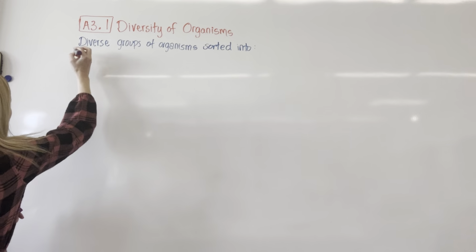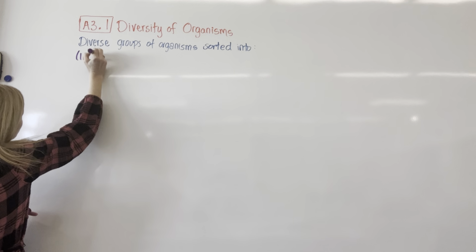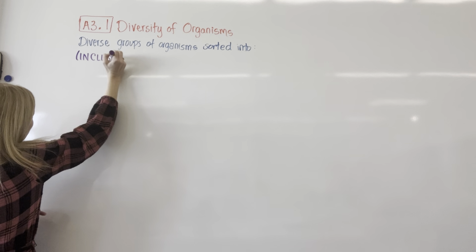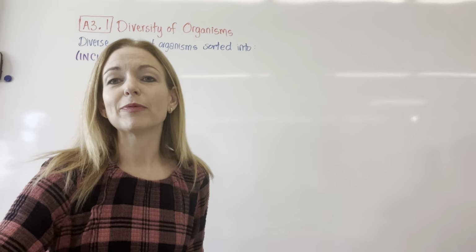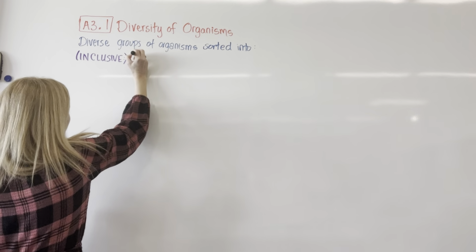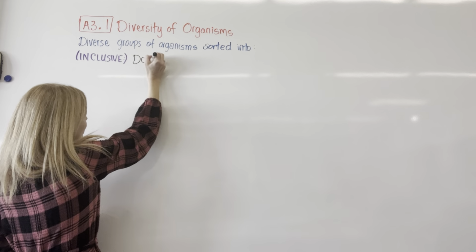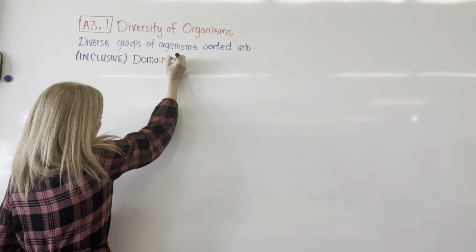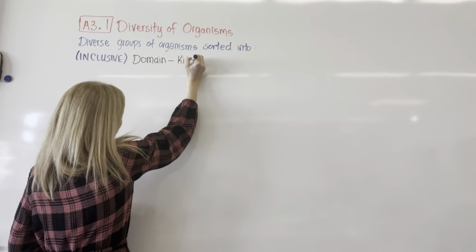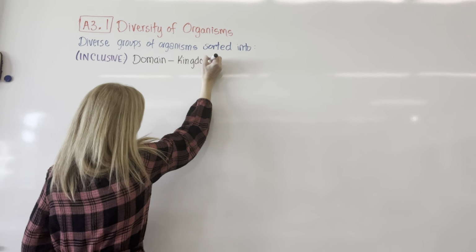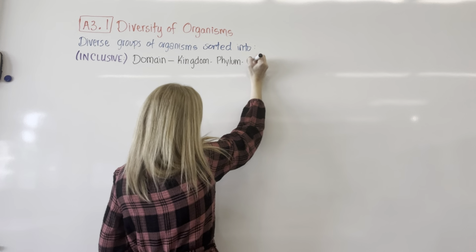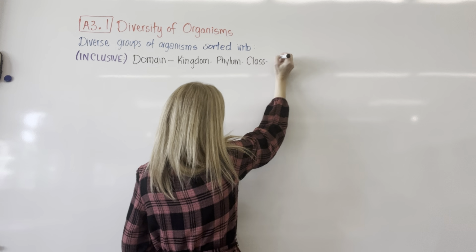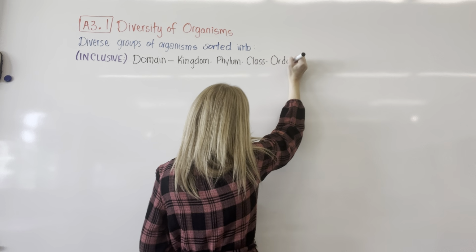So if we categorize it from inclusive, when we're saying inclusive, it includes the largest group of organisms. And we will include domain, because for HL, you definitely need to know domain. So it's going to go domain to kingdom. Kingdoms are then divided into phylum. Phyla are divided into class. Class is divided into order.